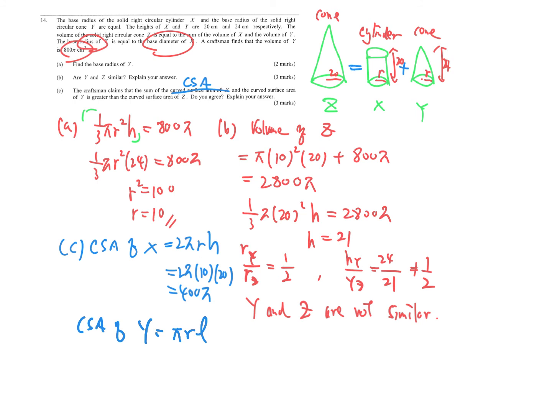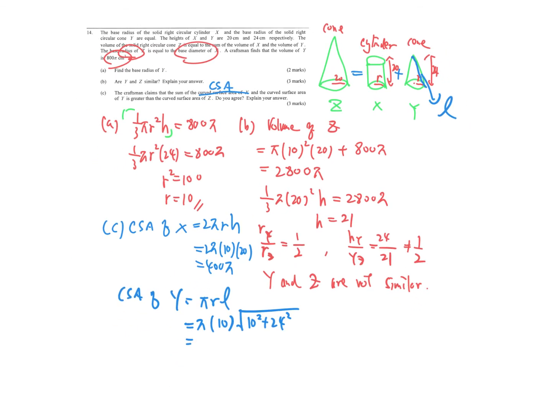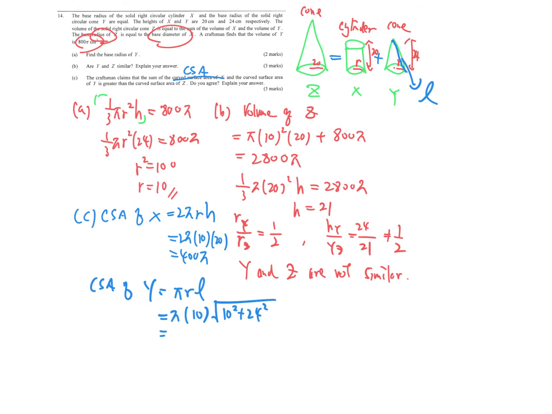Slant height means this one. This is L. If we know that this is the slant height, then the way to find it is to use the Pythagoras theorem. Finally here it will become 260 pi.